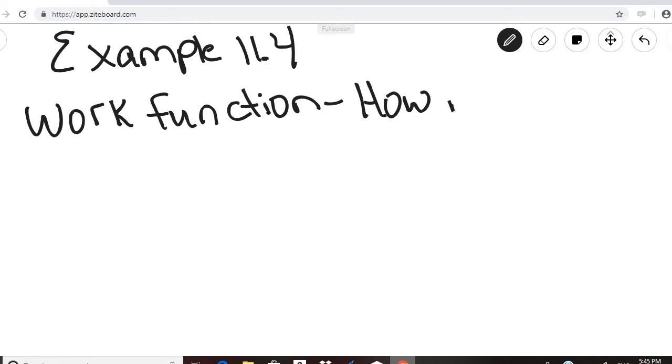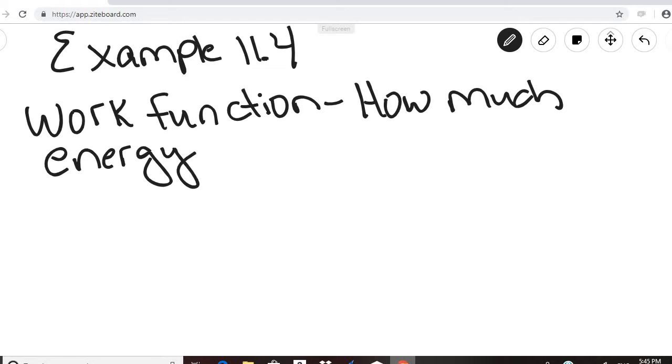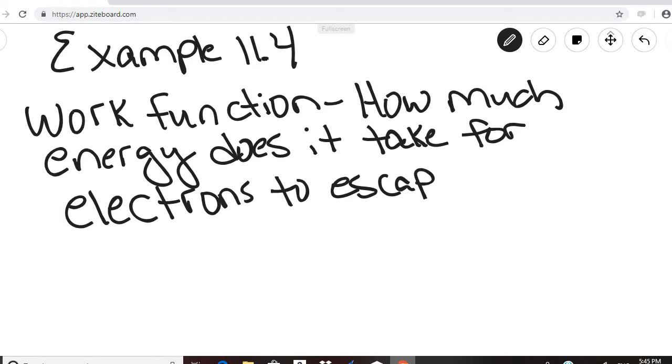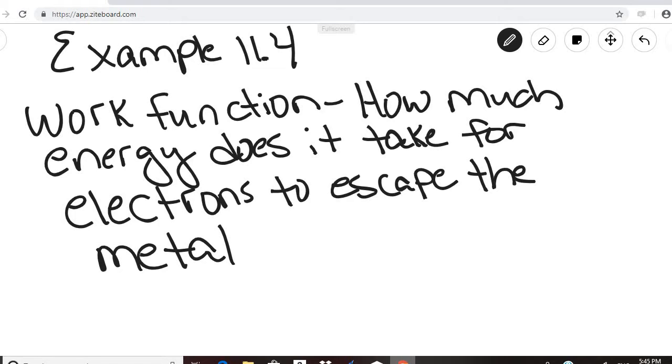Remember, that's going to vary depending on the metal, because different metals hold on to their electrons with different amounts of strength. Okay, so that's the work function, and we abbreviate that as E.